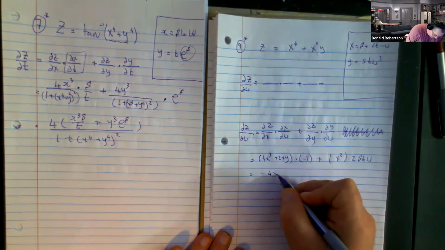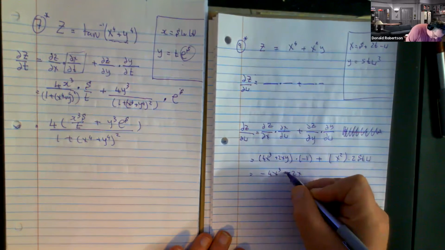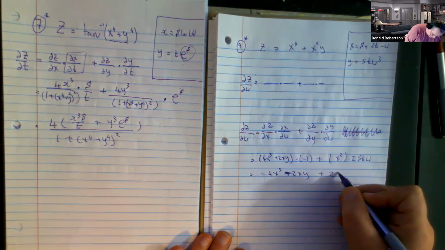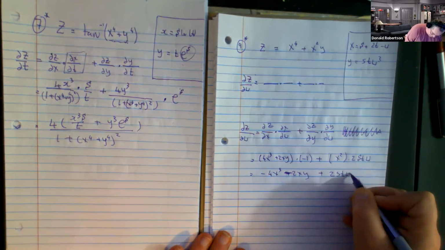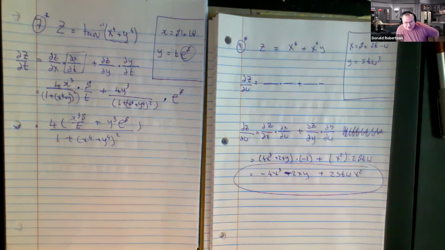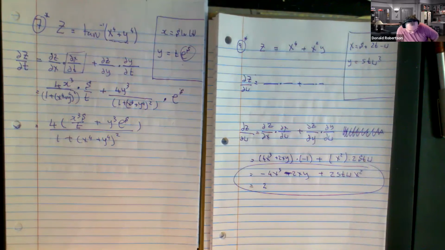I guess I shouldn't leave that around. So how about negative 4x cubed plus negative 2xy plus 2stu x squared. I don't think there's anything worth doing to that. I guess you could pull out a common factor of 2. Oh, you could do more. I take it back. I can do more than 2. What else could I pull out?